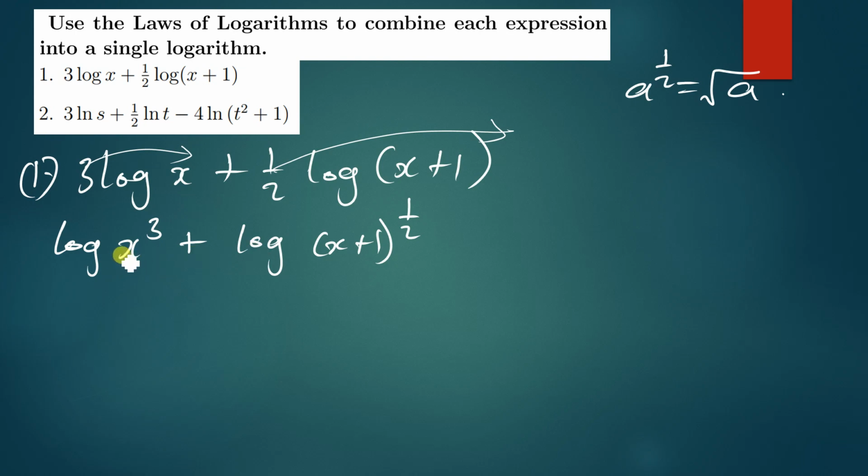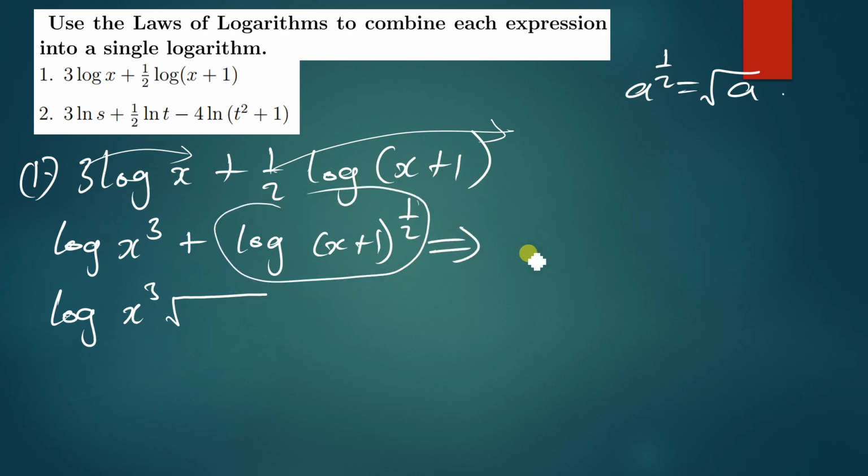We have x to the power 3 times what we have there. So we have log x to the power 3, then this part here, (x plus 1) to the power half, can also be written as the square root of x plus 1, because anything raised to the power half is just the same as the square root of that thing.